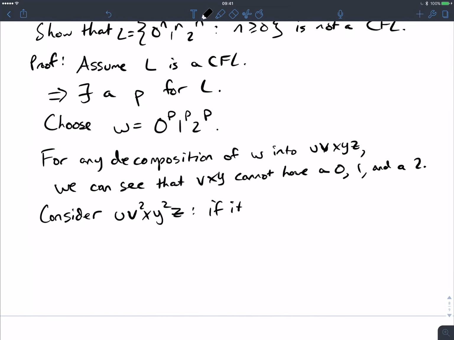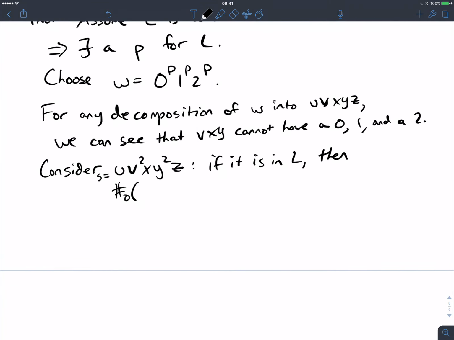So if it is in L, then, calling this string S because I'm going to write it several times, the number of zeros in S equals the number of ones in S equals the number of twos in S. There are other things that have to hold, but that's at least a necessary condition to be in the language.